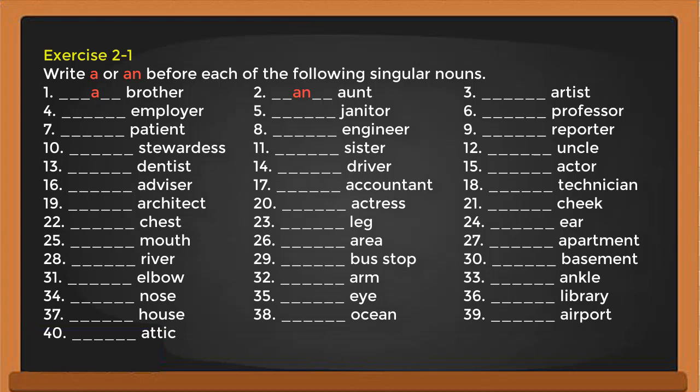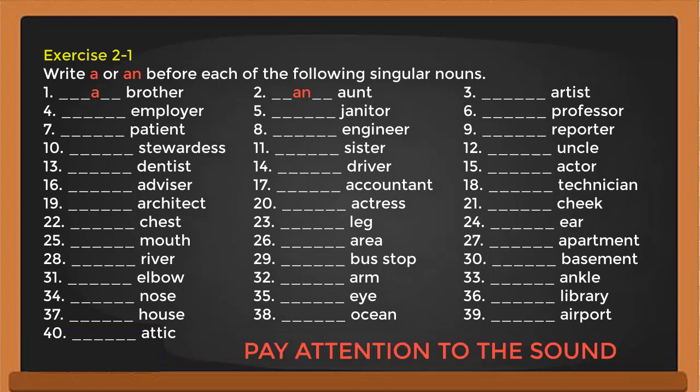Because brother begins with a consonant sound, b. So you must use a. And number 2, aunt, we use an aunt. Why? Because aunt begins with a vowel sound, okay?